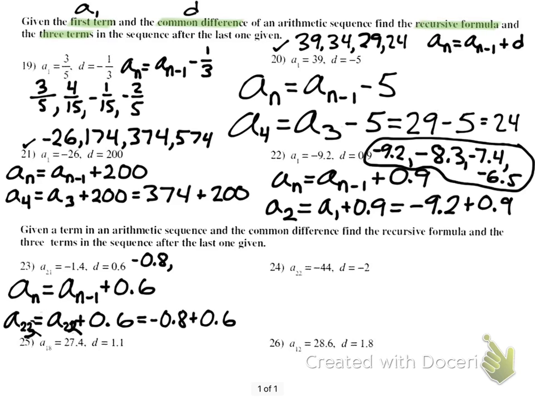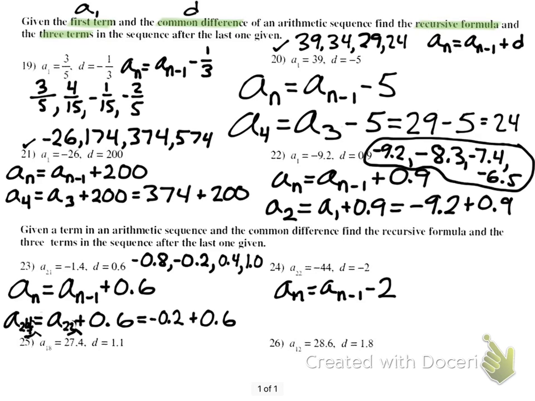So again, you're just adding 0.6 each time, and you would get negative 0.2. And then again, to find a sub 24 now, we would need a sub 23. And you would take negative 0.2, add 0.6 again, and then you get 0.4. And then just keep adding 0.6 and you get 1. And that's how you do that one.